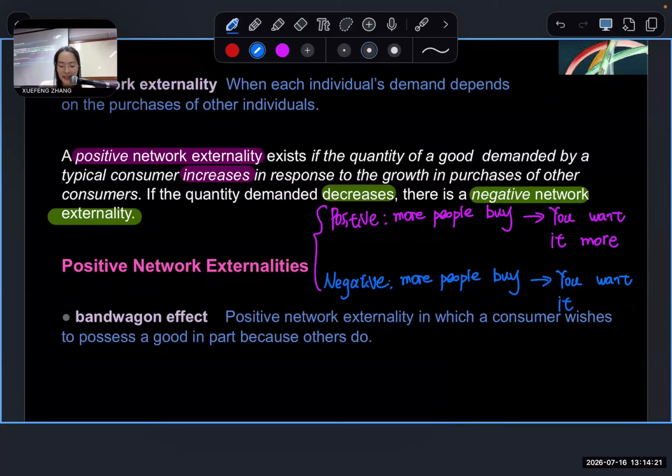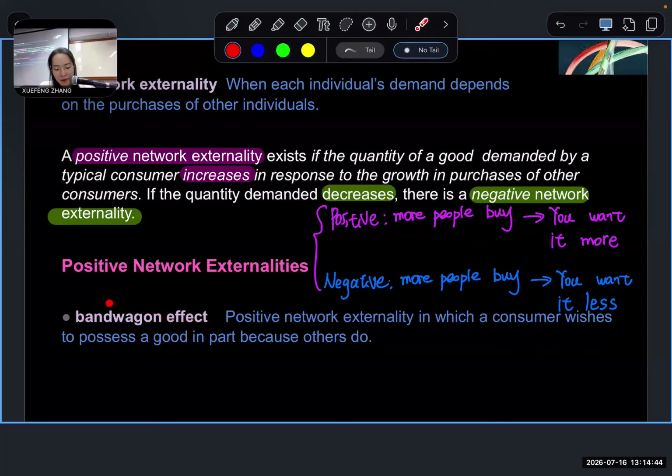For negative externality, more people buy, you want it less. You want to be different, right? Like the exclusive handbag, if everyone has it, it's no longer special, so you don't want it.